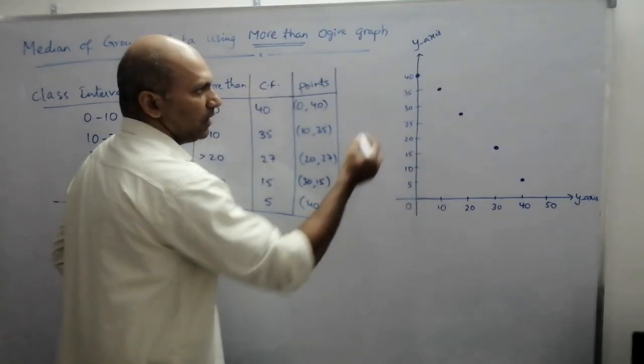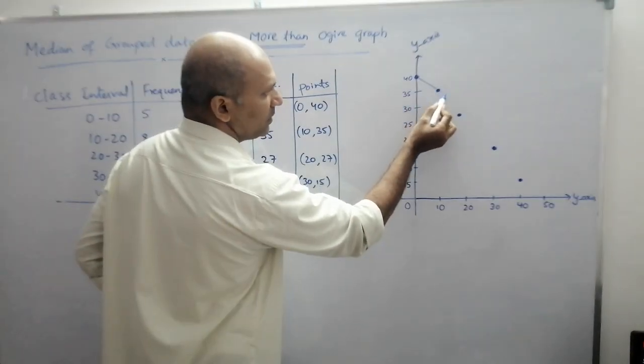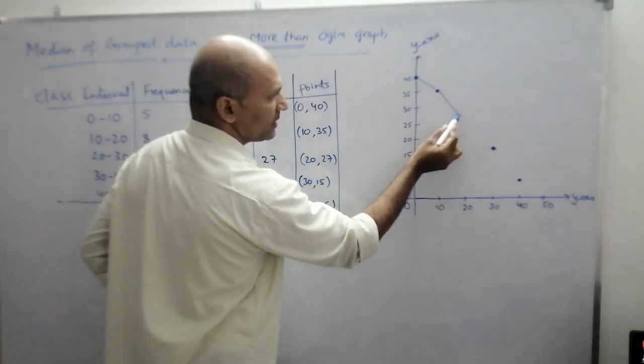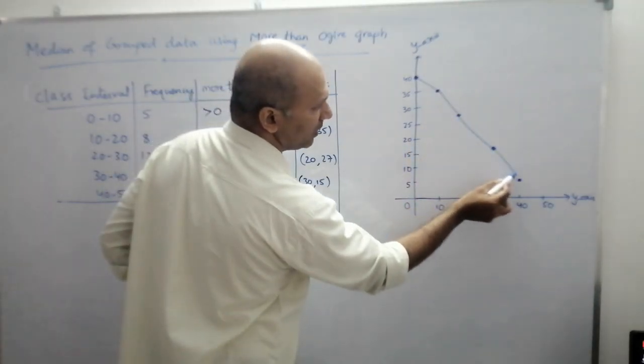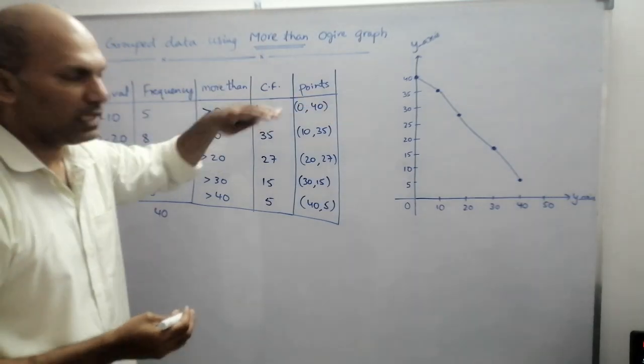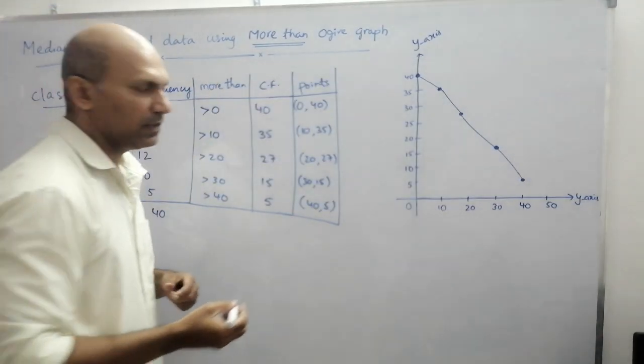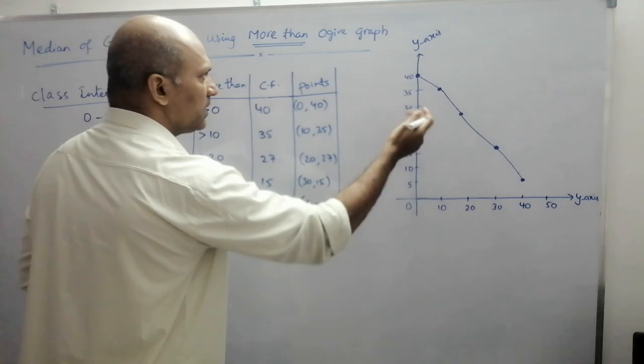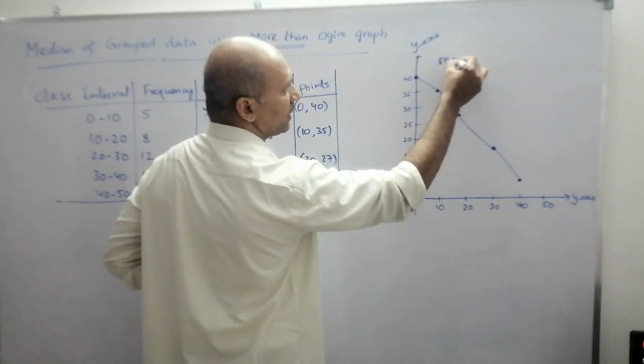Now join this using freehand. Don't use a scale, it's a freehand graph. It will be a falling graph. More than ogive graph will be a falling graph, less than ogive graph will be a rising graph. Now this is our more than ogive graph.